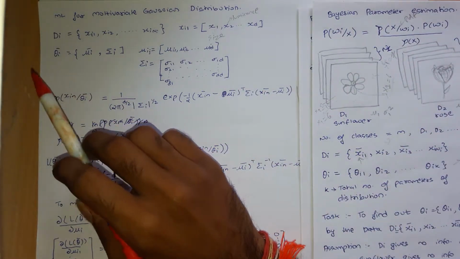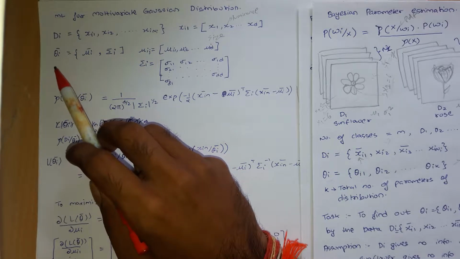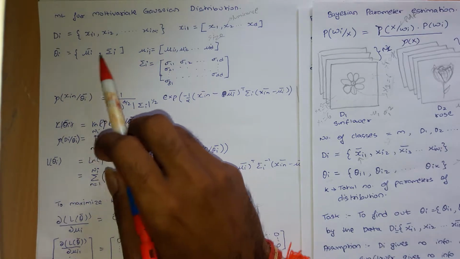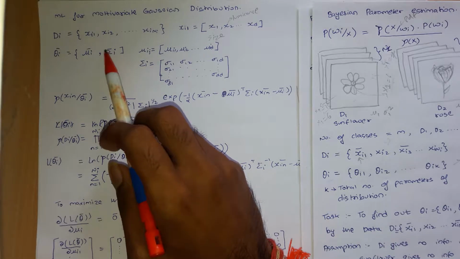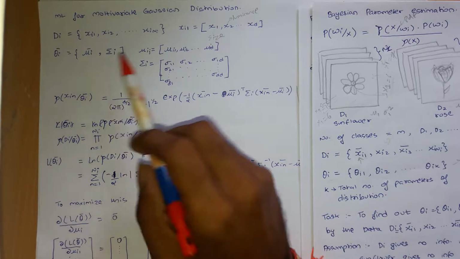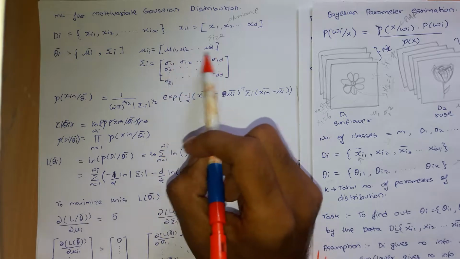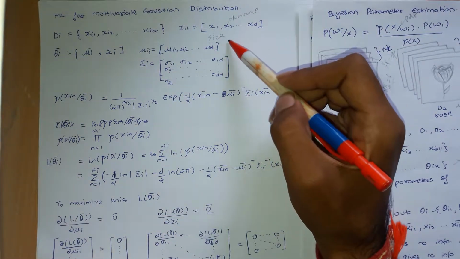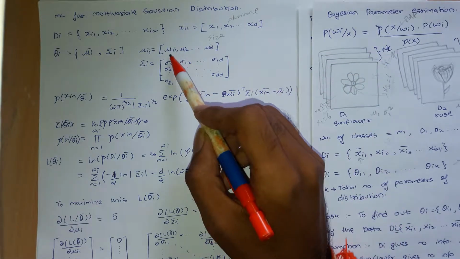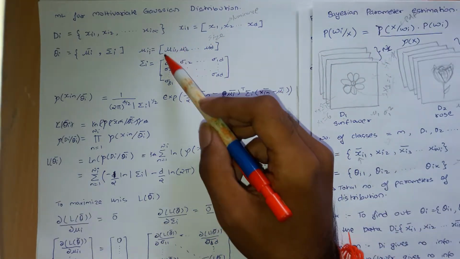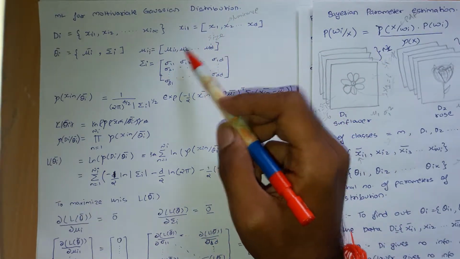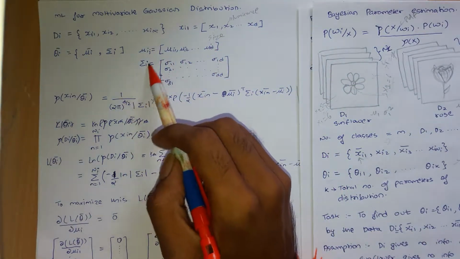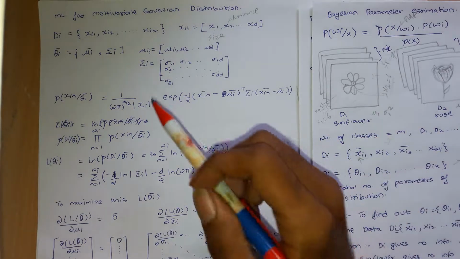So what do we have to estimate? We have to estimate the parameters, that is mu and sigma. Here also note that mu is now a vector, because it will have the mean of all the sizes, the mean of all the luminances, etc. So the mean is a vector. Similarly, sigma i is a covariance matrix.